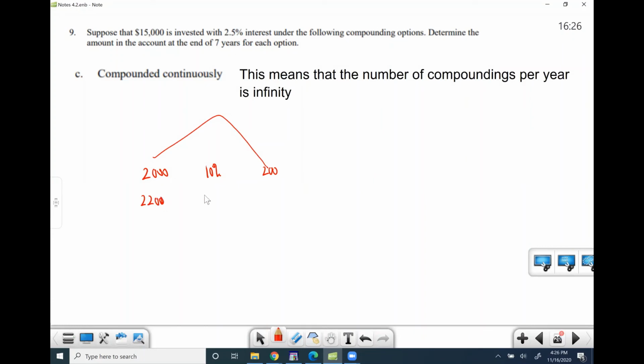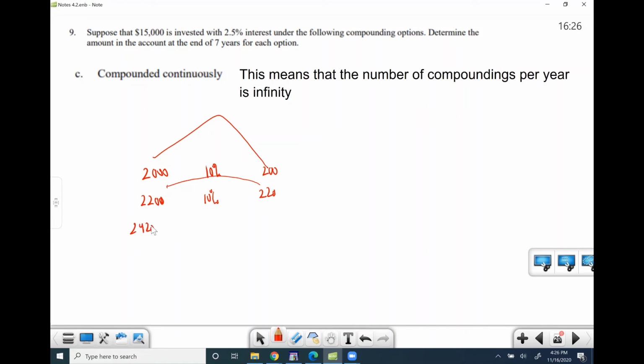And I'm going to do 10% of that. So I'll be getting interest not just on the original amount, but interest on the interest also. So I'll be doing 10% of 2,200. Well, now it'll be 220. You add the 220 back to the original, 2,200 plus 220. Now we have this much in the account.